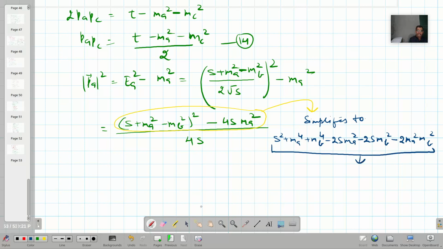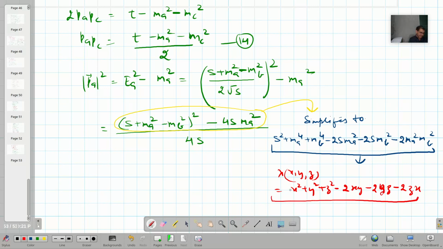This is like lambda of x, y, z, which is equal to x square plus y square plus z square minus 2xy minus 2yz minus 2zx, and this is known as the Källén function, a triangle function.